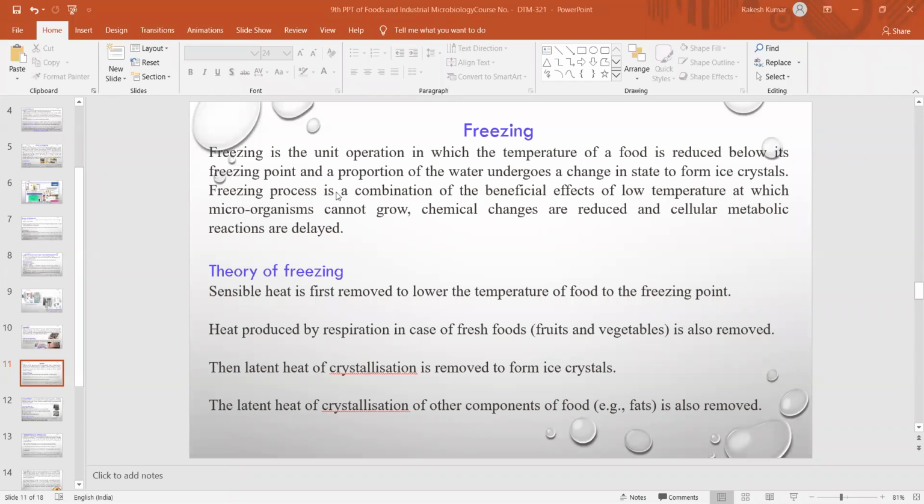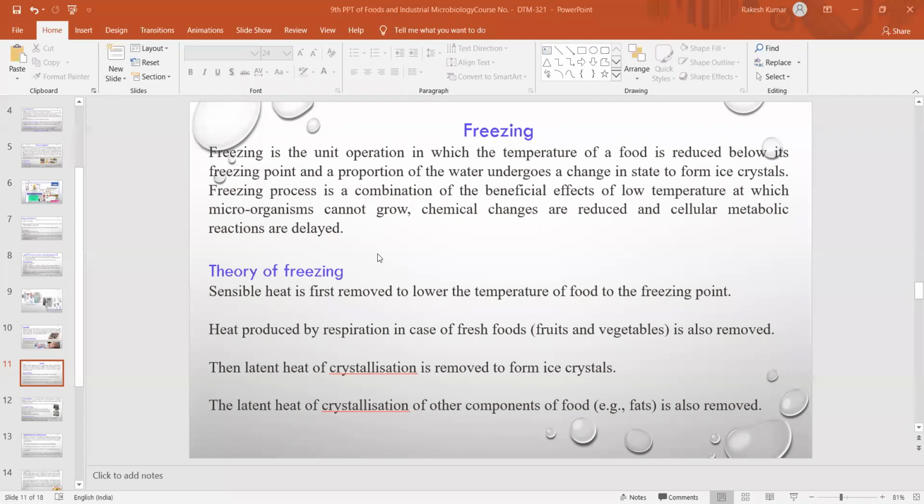So freezing is a combination of beneficial effects of low temperature, at which microorganisms cannot grow, chemical changes are reduced, and cellular metabolic reactions are delayed. So just by doing this, you can achieve all these things. The condition created by the low temperature cannot allow microorganisms to grow. Whatever chemical changes are going on will be restricted, and it also reduces the cellular metabolic reactions.